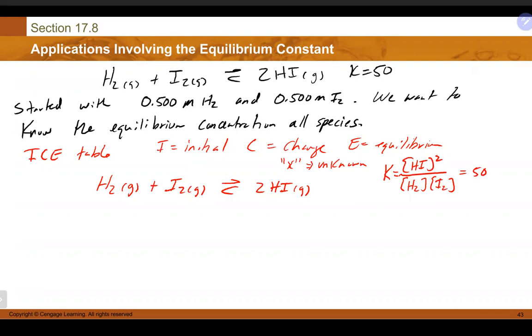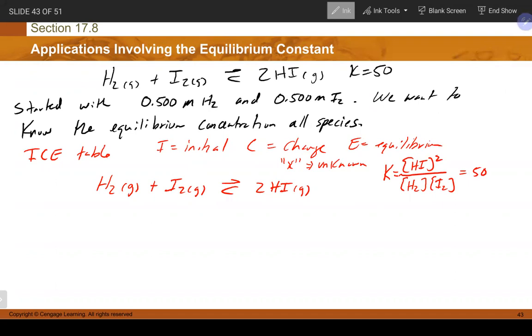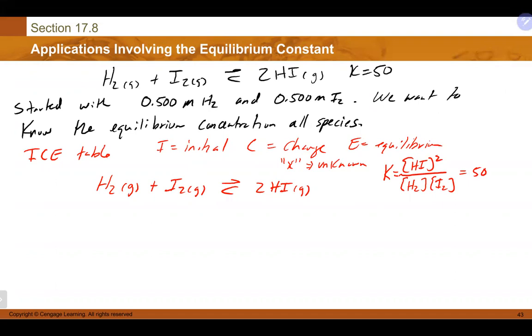To do our ICE table, we start with the I, which is initial. So it's the initial concentrations of everybody. For our H2, we had 0.5 molar. For I2, 0.5 molar. And in most cases, if you are not given any information about the products, it is very safe to assume that it's going to be 0 to start with for products.